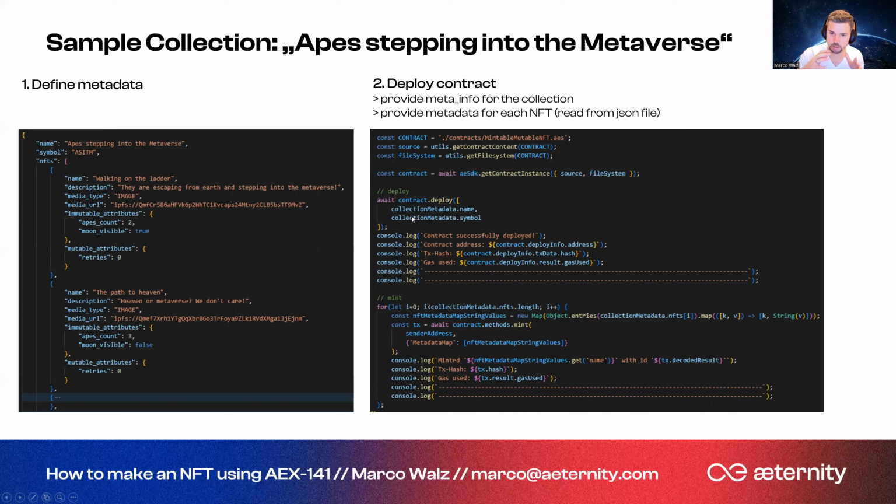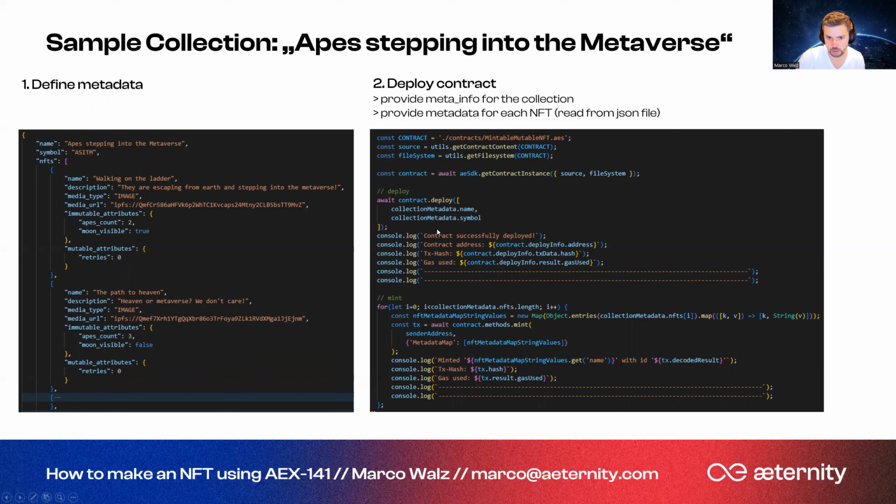The metadata type map is hard-coded in the mutable NFT contract, so you don't have to provide it explicitly from outside. This specific contract doesn't allow another metadata type to be used.